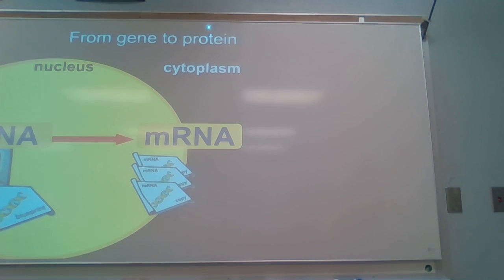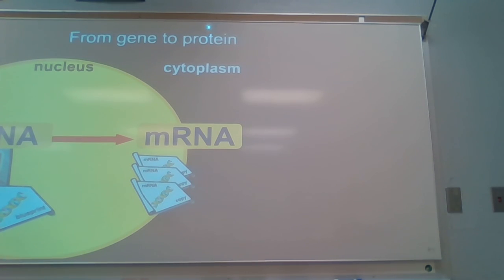So we can make as many copies as we want, as the cell needs. If one gets damaged, it's not a big deal, because we can just make another copy. But as long as our original is safe, then we don't have to worry about anything else happening to it.